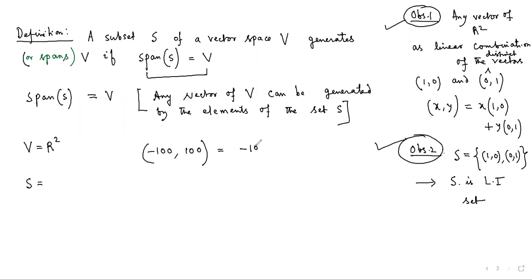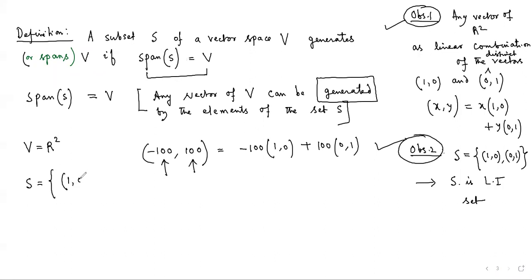Because I can write it as minus 100 into 1 0 plus 100 into 0 1. You choose any number of your choice. Since you are choosing an ordered pair, all the points will lie on the two-dimensional plane, and every point can be generated by the elements of the set capital S, where capital S is a finite set with distinct vectors 1 0 and 0 1.